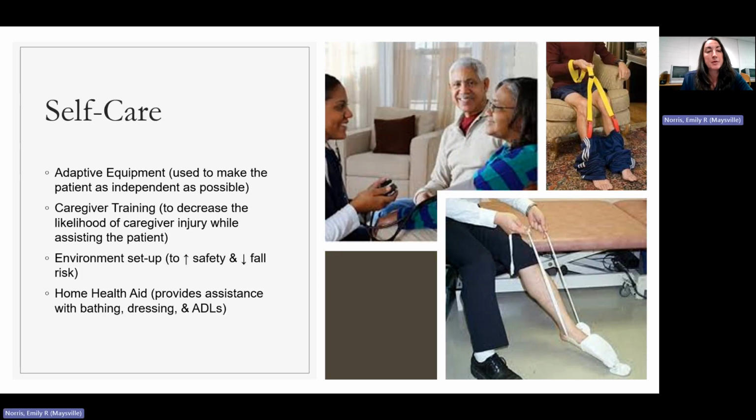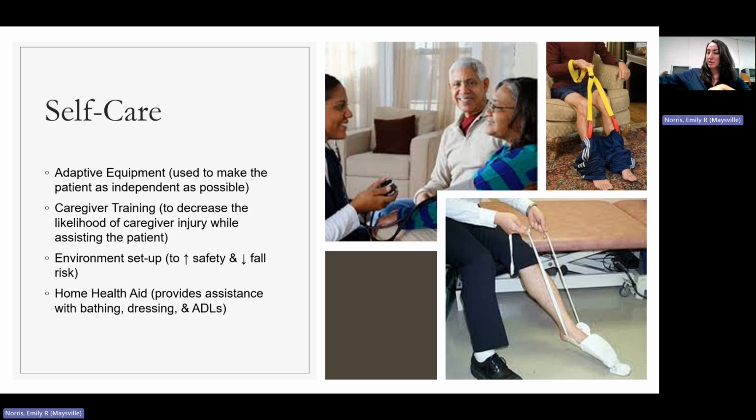Self-care. So adaptive equipment can be used to help the patient become as independent as possible. Caregiver training, you want to make sure they don't get injured, because then they don't have a caregiver. So getting them as safe as possible, setting up the environment, getting adaptive equipment like the one shown to help them get a sock on or to help them pull their pants up.